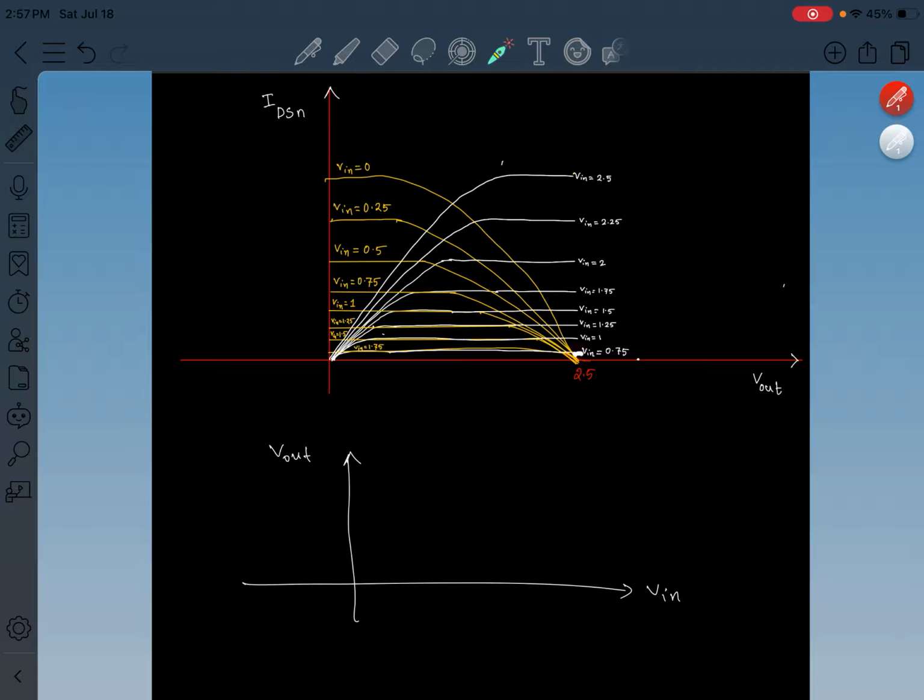For lower input voltage, let's say V in 0.75 volt, the NMOS curve is this and the PMOS curve is this, the intersection here. The intersection point will be the operating point, right? So the intersection point is near 2.5 volt. So for lower input voltage like 0.75 volt, the intersection point is nearly 2.5 volt.